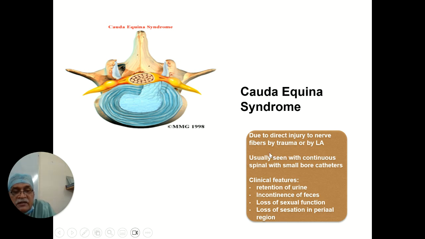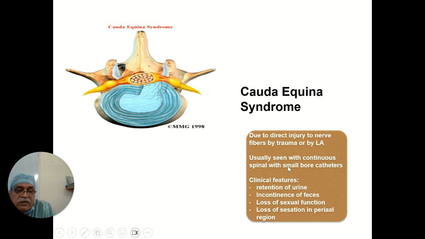Cauda equina syndrome is very rare, usually seen in continuous spinal with large bore catheters, rather than fine bore catheters, and is characterized by retention of urine, incontinence, loss of sexual function, and loss of sensation in the perineum.